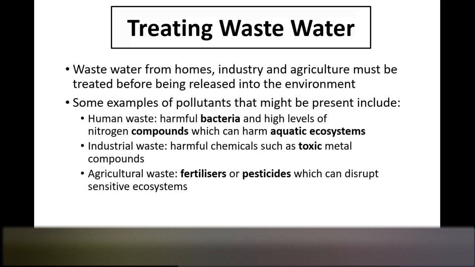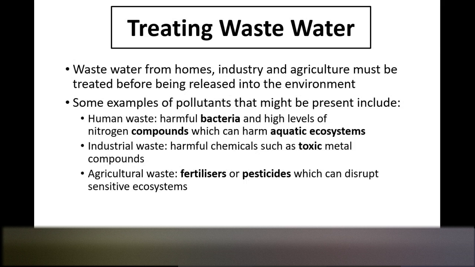And finally, we also need to treat agricultural waste. Agriculture is things to do with farming. Anytime you see the word agriculture or agricultural, that's to do with farming. In farming, they use a lot of fertilizers, pesticides, herbicides, insecticides as well, which can disrupt sensitive ecosystems.